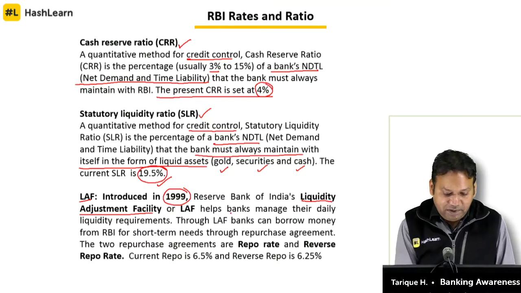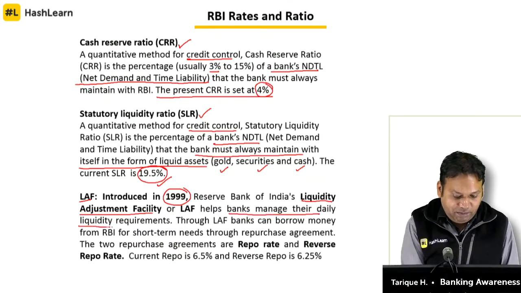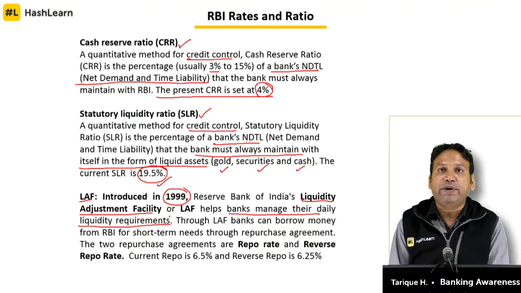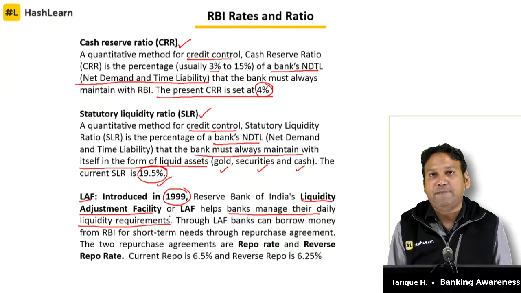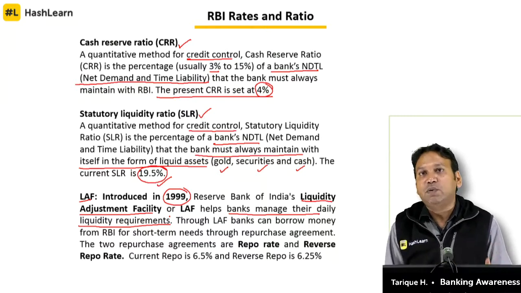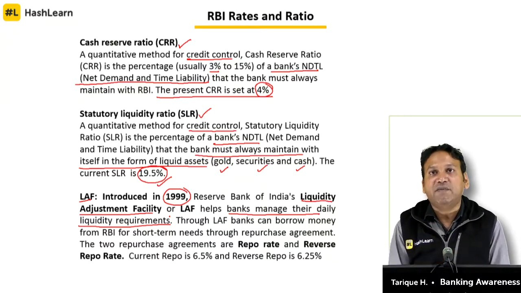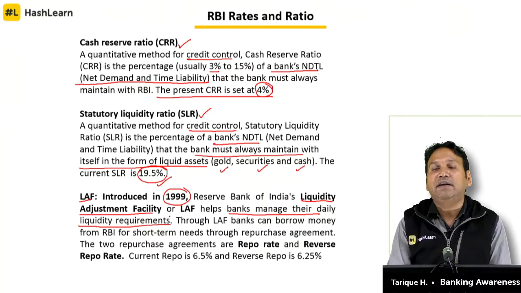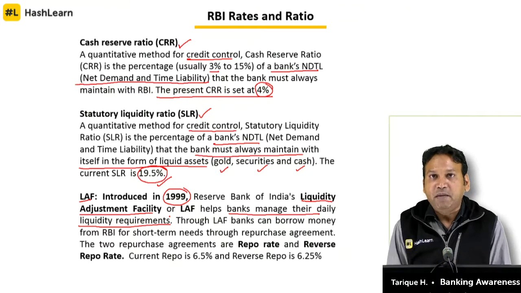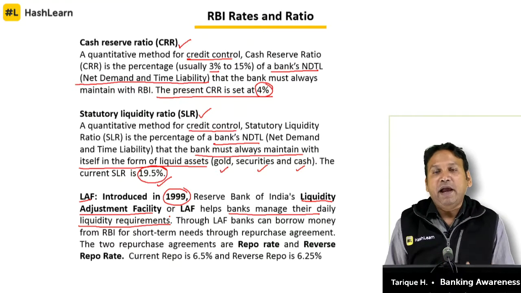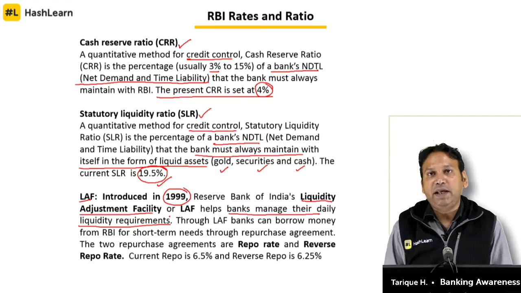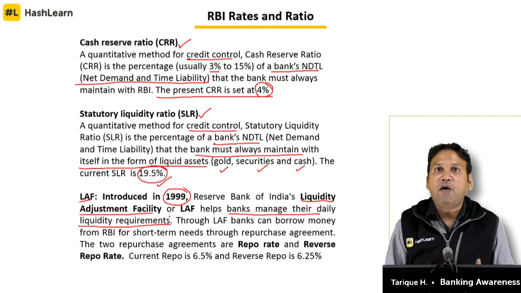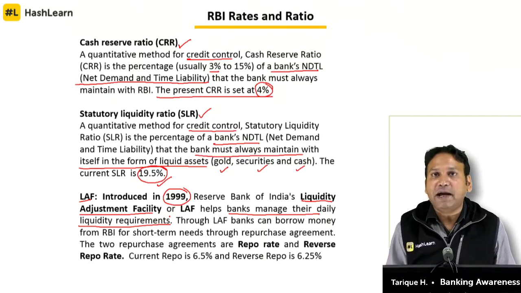It helps banks manage their daily liquidity requirements. इसके लिए बनाया गया बैंक्स के डेली लिक्विडिटी रिक्वायरमेंट्स को मैनेज करने के लिए. अभी बैंक्स को कुछ पैसे चाहिए होते हैं और suppose the bank does not have sufficient liquidity and they want some money urgently, then they can increase or raise liquidity by borrowing from RBI. And if banks have surplus liquidity, they can use that surplus liquidity by depositing with RBI or giving loan to other banks in the interbank market.